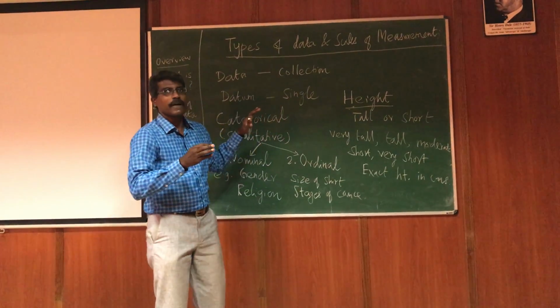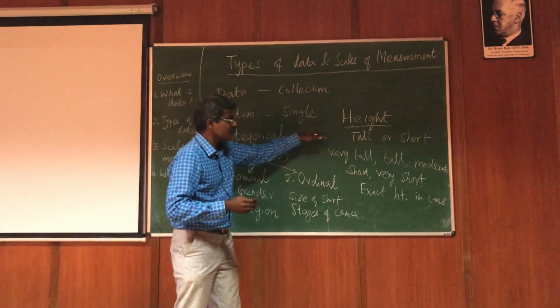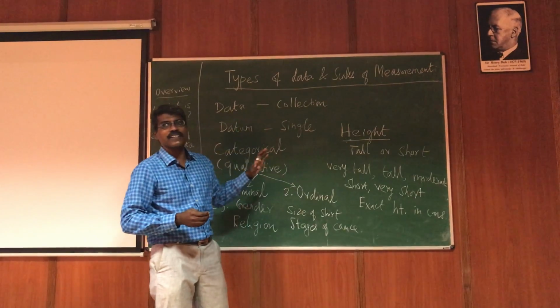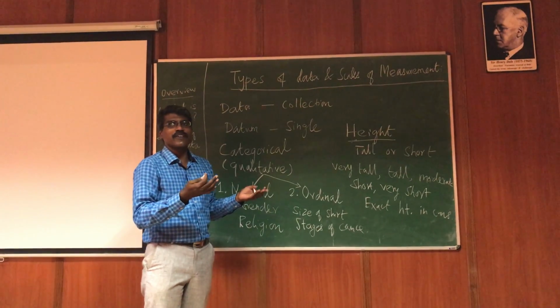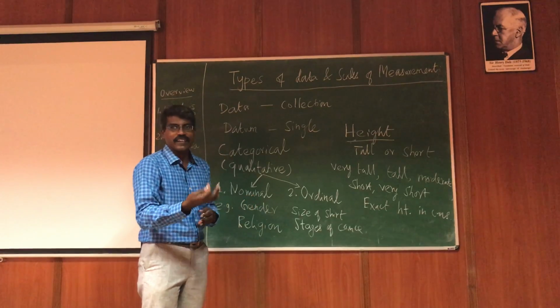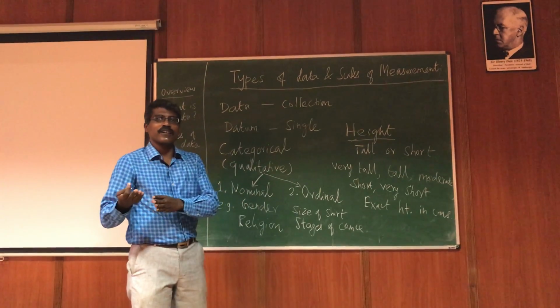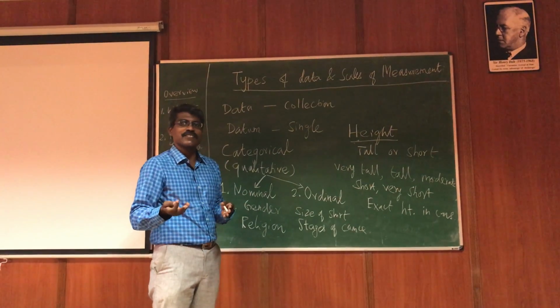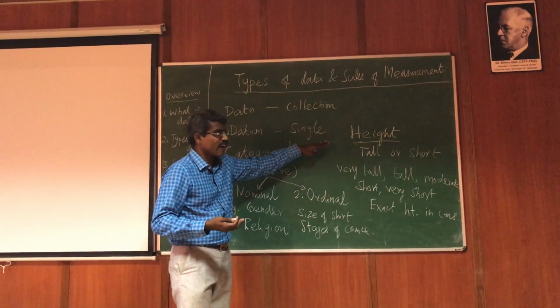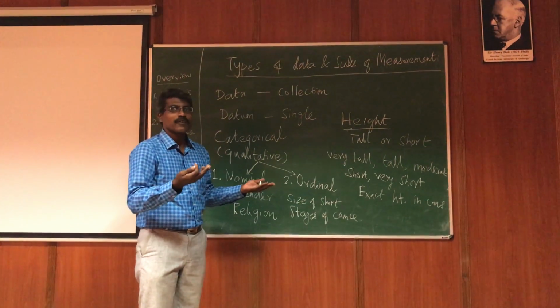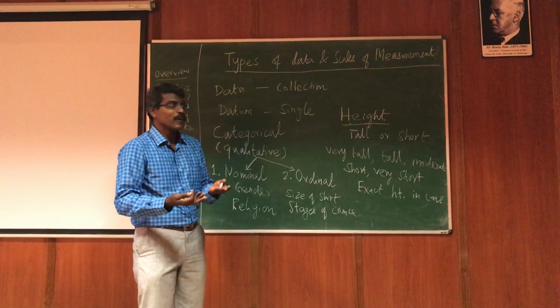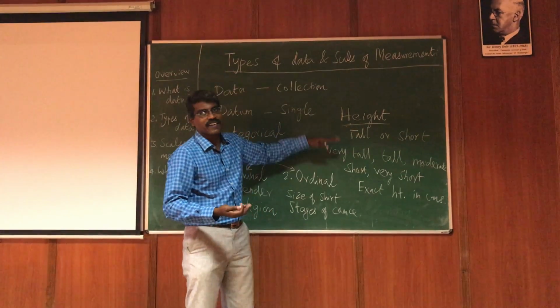But the problem when we try to measure height in terms of categories: one of the advantages is that it makes it very simplified. So that's the advantage. But there are some problems or disadvantages or limitations of measuring height in this way, that you lose a lot of information. When someone asks what is the mean height, you will never be able to tell when you measure like this.